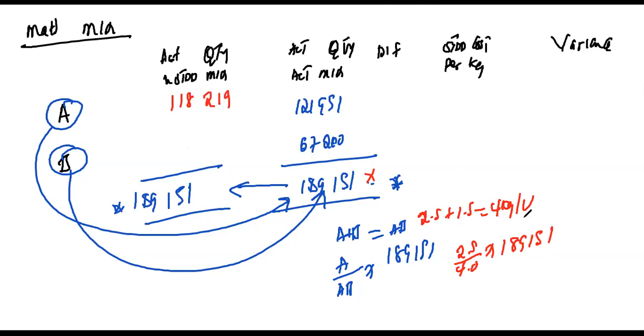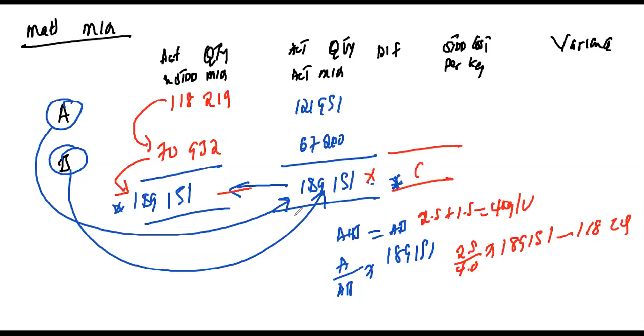And then this figure simply less from this figure, 118,219, it should give you 70,932. So when you add this guy plus that guy, the total should be this guy. It's the same thing. That's why we said just get this figure here and bring it here. This is why the difference here should always be 0. If you find a figure, you should know something is wrong.